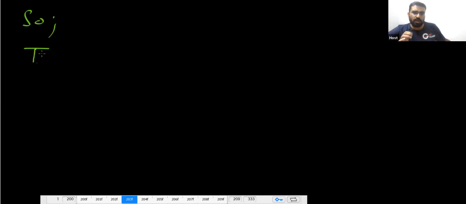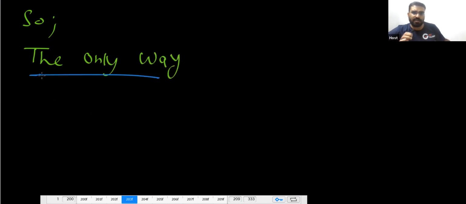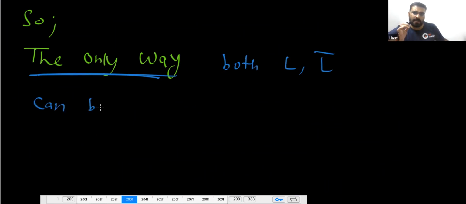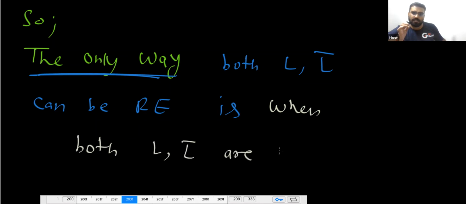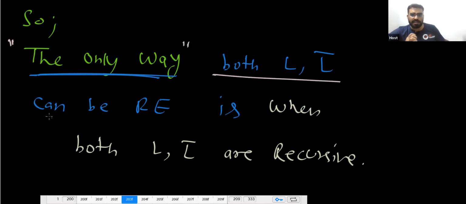The only possibility, the only way both L and L complement can be RE is when both are REC.